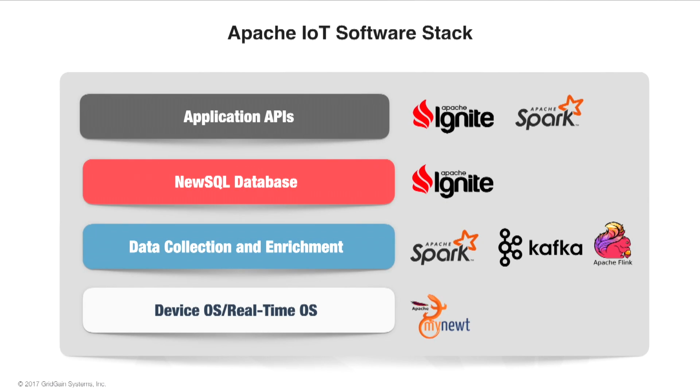Okay, and today I'm representing the Apache Software Foundation here, and I'm going to suggest products developed in-house by a variety of different community members who work for Apache. So first, as a device real-time operating system, we are going to use Apache MyNewt.